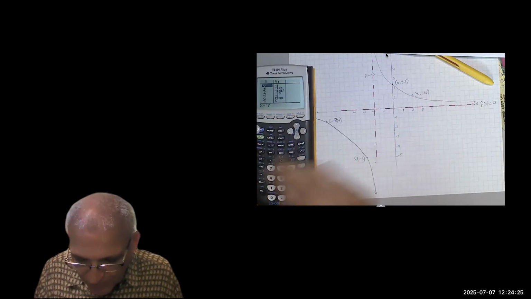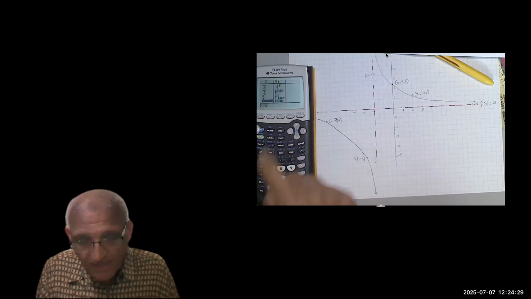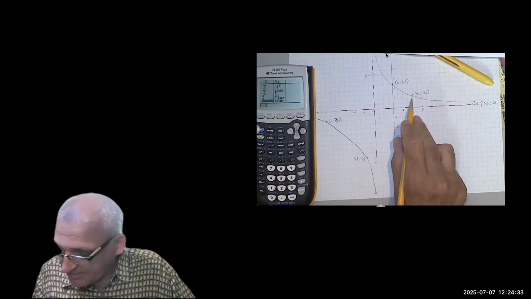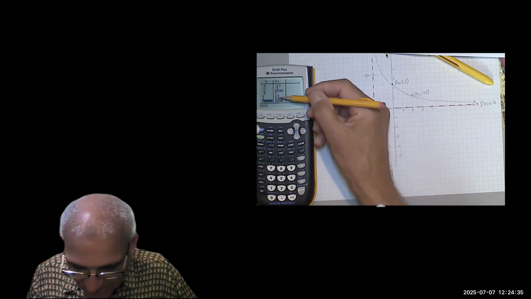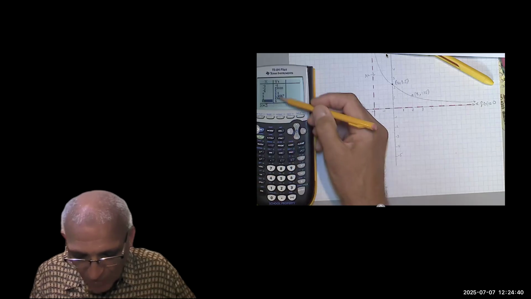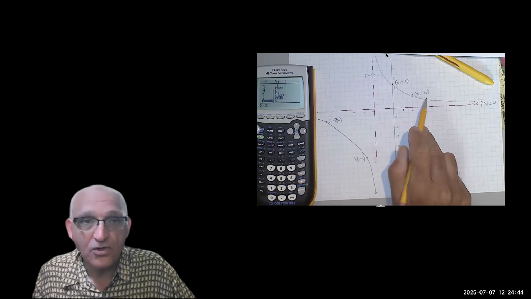Let's find at +2. Error, because there is a hole. It should have been 1.25. You can see that it's 1 and 2/3 and 1. Somewhere between 1 and 1.667, which is 1.25, there is a hole.